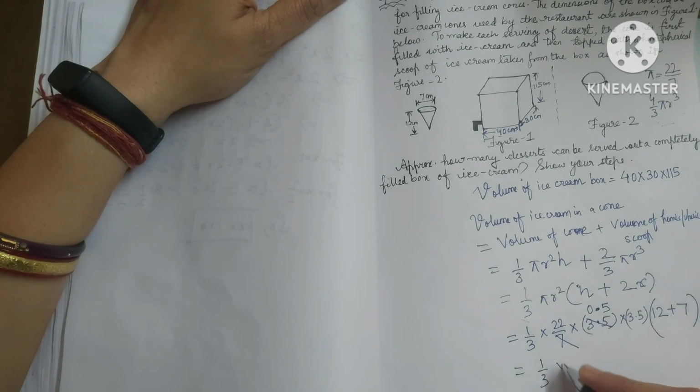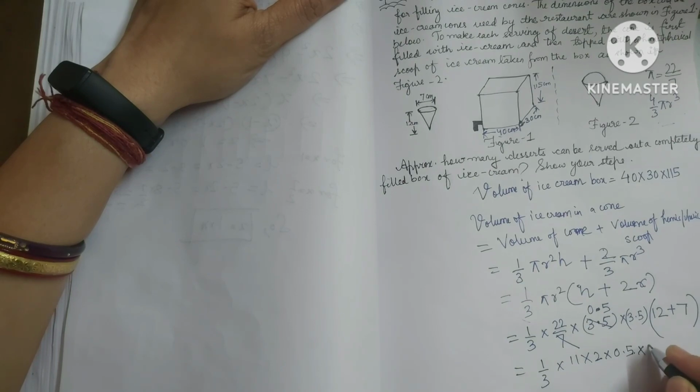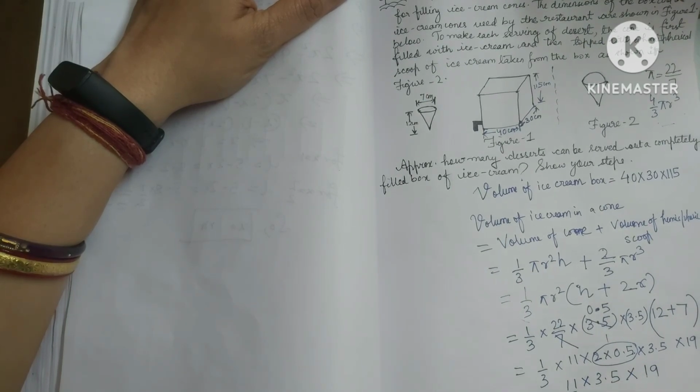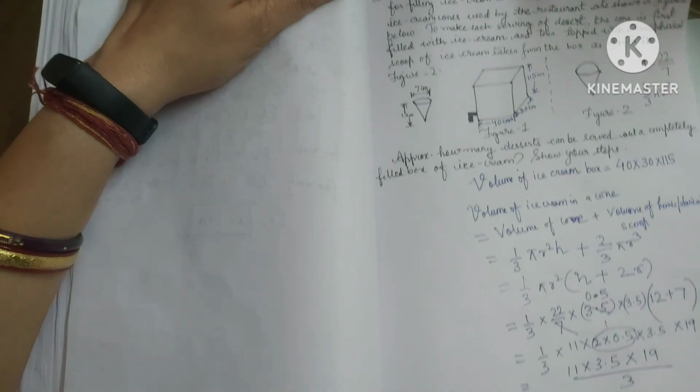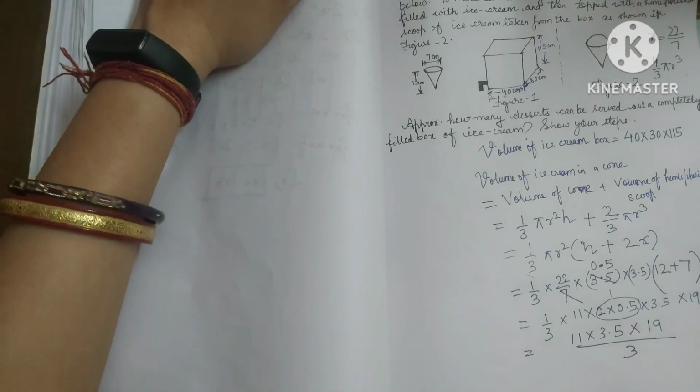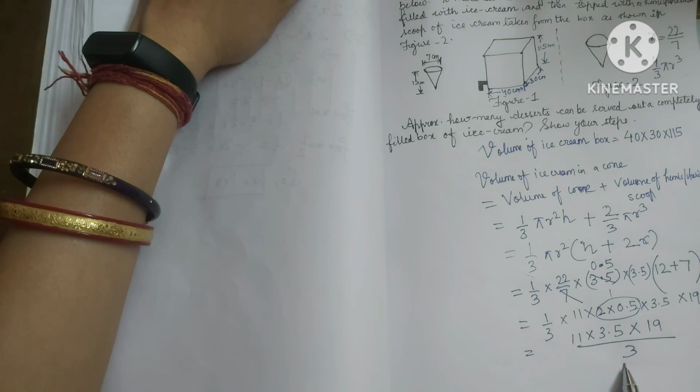Now I will make 22 as 11 into 2, multiplied with 0.5. 2 into 0.5 will become 1. And this 12 plus 7 is 19. So what is left? 11 into 3.5 into 19 by 3. This is what stays.